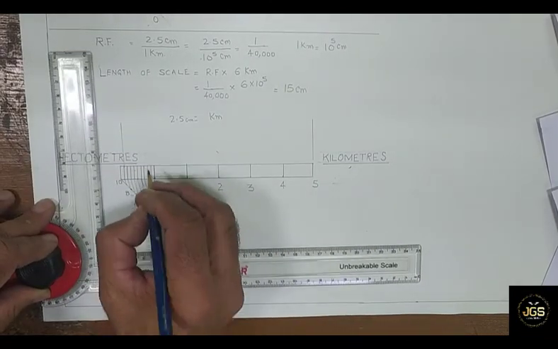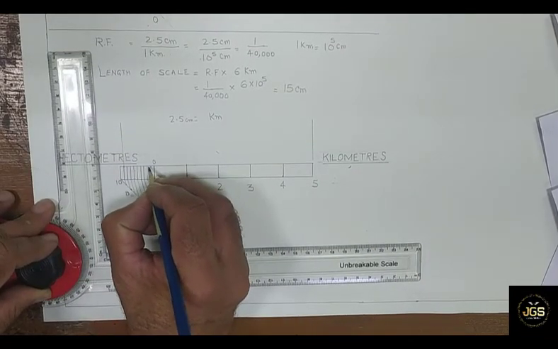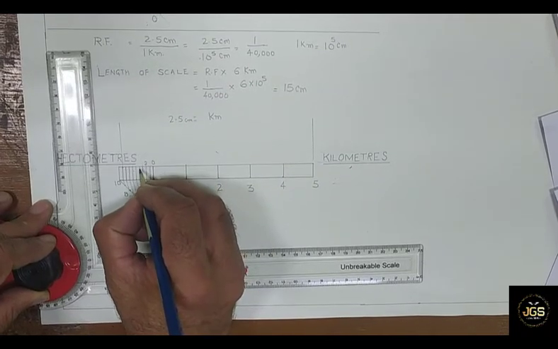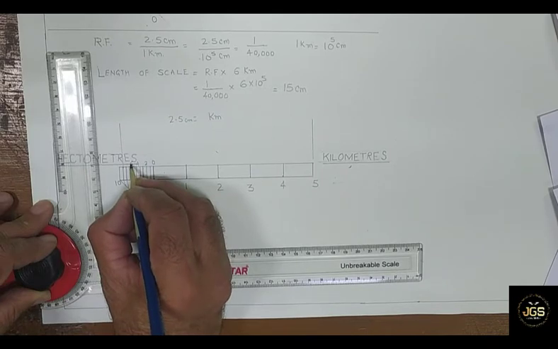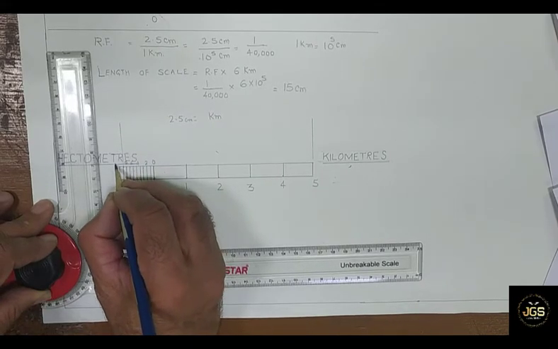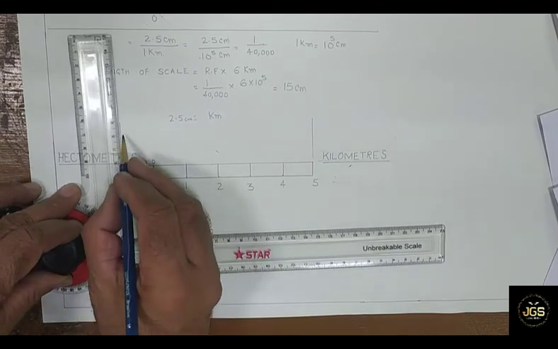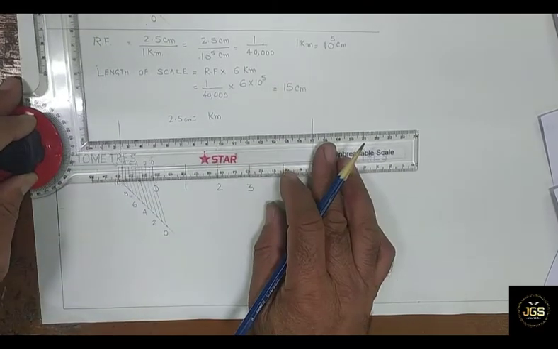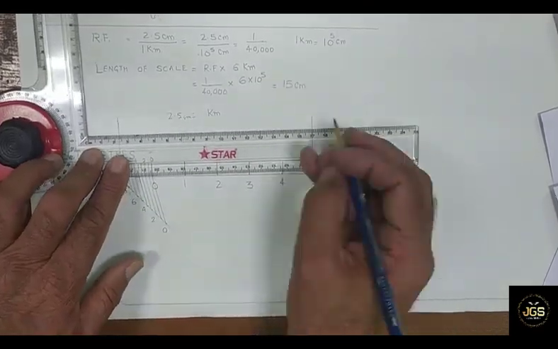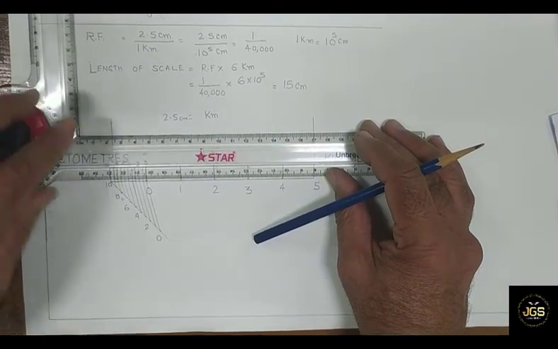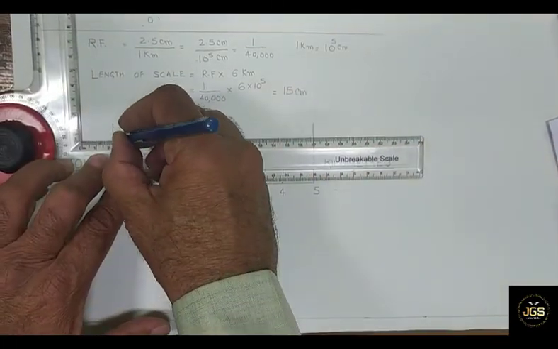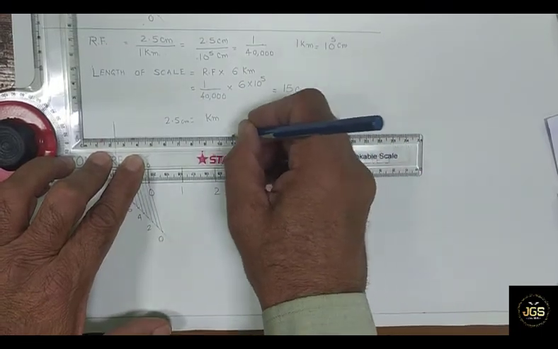This is 0 hectometer. This is 2, 4, 6, 8, and 10. From the 9th division, you can take over here. So this is the distance that will indicate a length of 5 kilometer and 9 hectometer.